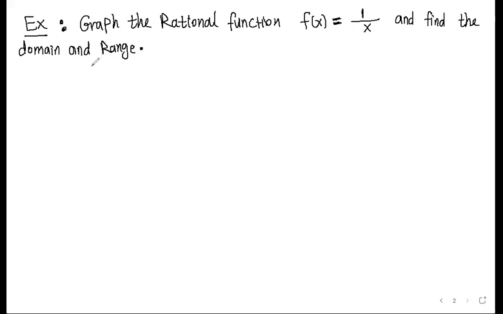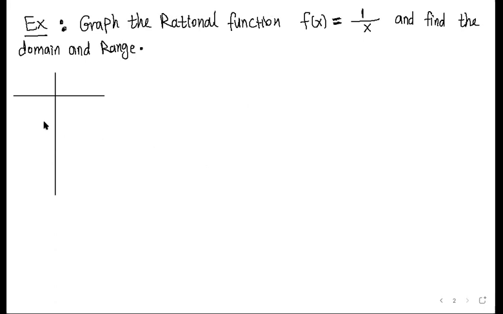So first of all, to graph this function, we're going to plot points by using a table. So let me make a table. We're going to learn how to graph this function by a table, then we're going to learn it by using transformation. So this is the table here. Now let me take random numbers.